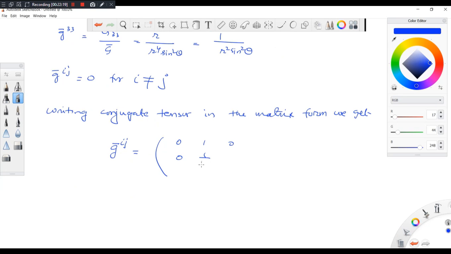So it is merely the inverse of that. If you multiply both these matrices, you will get the identity matrix.